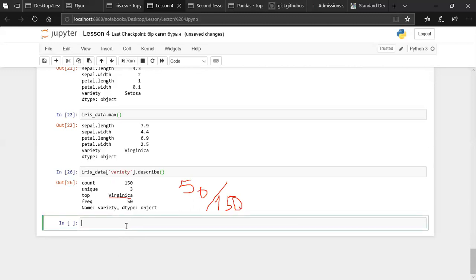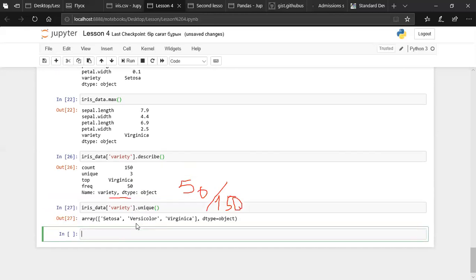Okay. Yeah. So it's three types, right? Yeah. Setosa, versicolor, virginica.